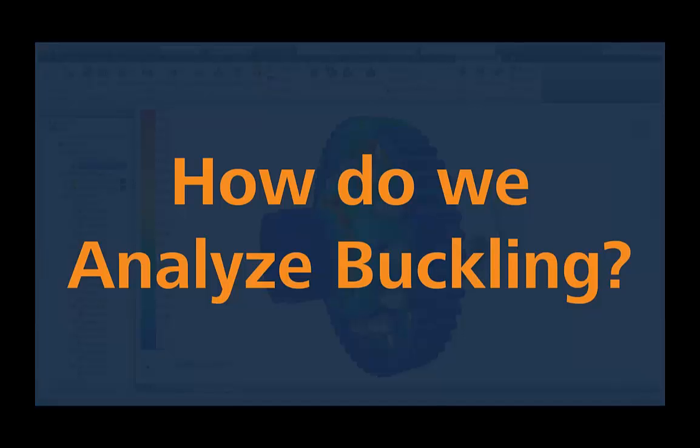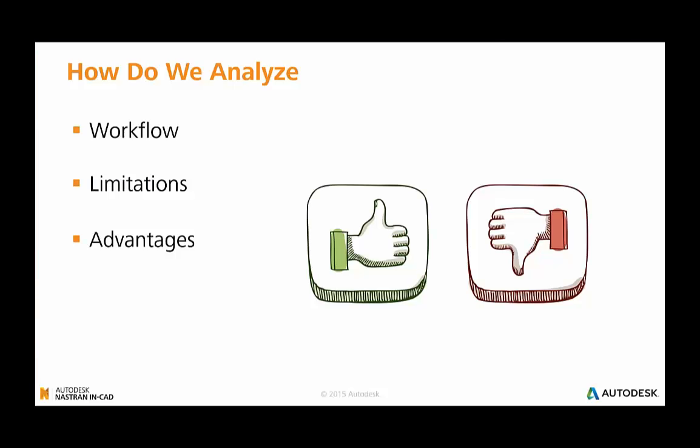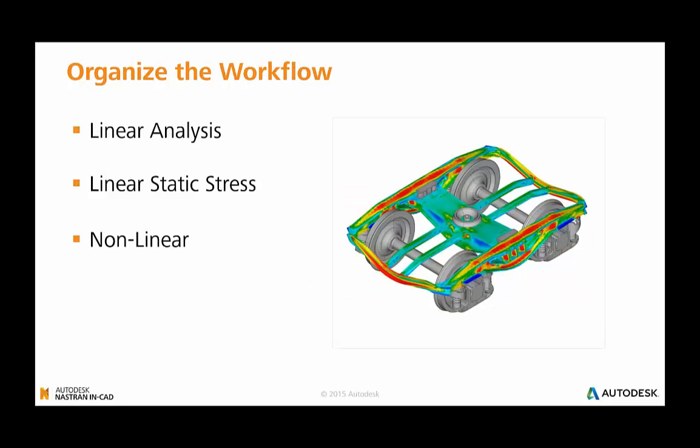So how do we analyze buckling? Let's have a quick look at firstly the typical workflow that you can use when analyzing structures for buckling. We advise starting with a linear buckling analysis to get a buckling load.